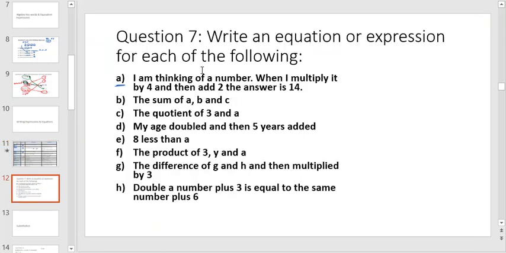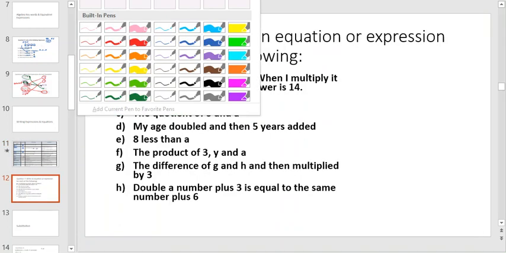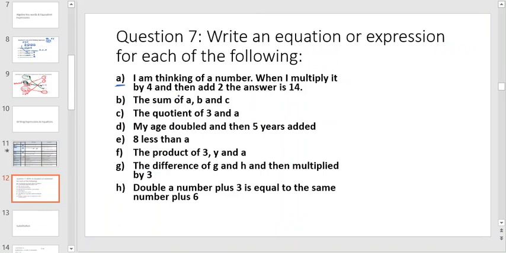All right, so I am thinking of a number. Whenever I see questions like this, I like to cross off, in this case, my number I am thinking of, and just write X. So there's my number X. Now straight away, multiply, I know this means multiply.